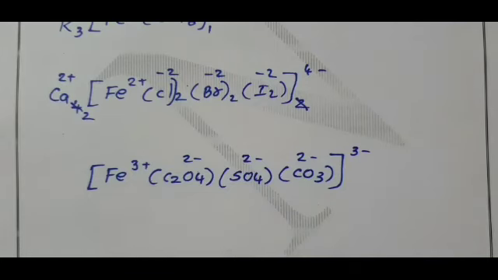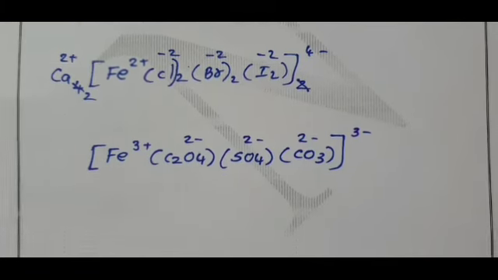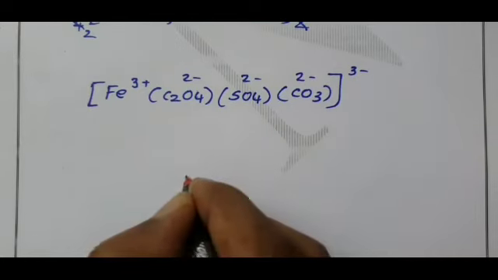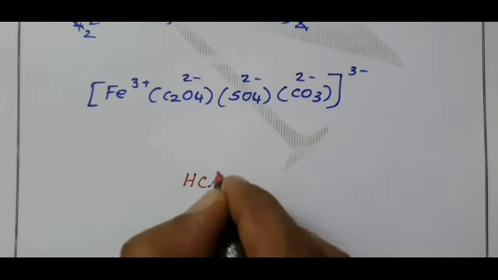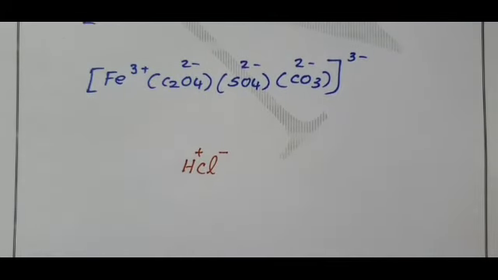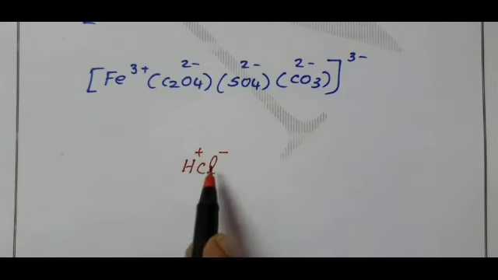You will give name. Now, how to write the IUPAC name of these complexes? As usual, how do you name HCl? Positive ion name first, followed by the negative ion. Like that, by naming the positive ion name first, followed by the negative ion.